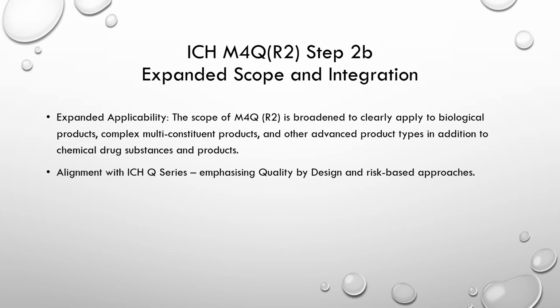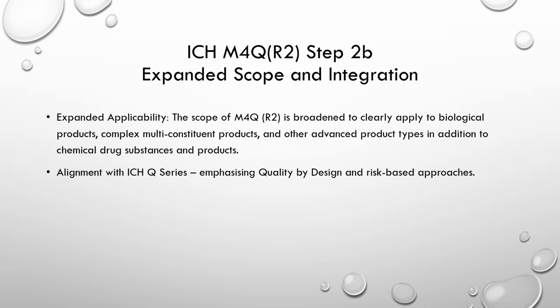And the other thing that makes it really good, and brings it all up to date, is the extended scope and integration. It's now clearly applicable to biological products and other advanced therapy medicinal products. So you can add information in specific, clear places, instead of putting the information in other regions and then having to get guidance from the regulators as to where they expect to see certain information, specifically on starting material.